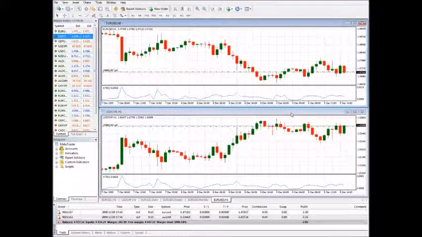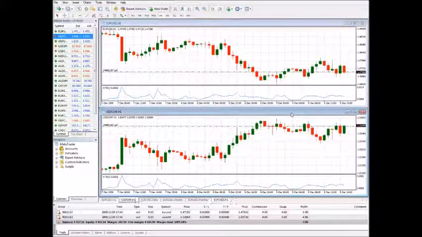If you're risking, say, 3% per trade, then you end up effectively risking 6% because you're effectively using two trades which are the same. So as the euro dollar, US dollar goes in one direction, the US dollar, Swiss franc goes in the other direction. I know that may be confusing.